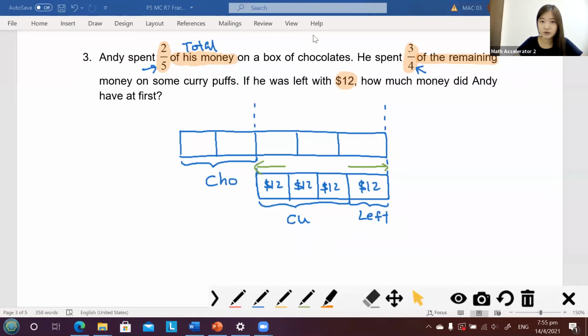I'm going to launch a poll here. So select your answer once you have completed the question. Be careful of what the question is asking for. They want Andy at first.